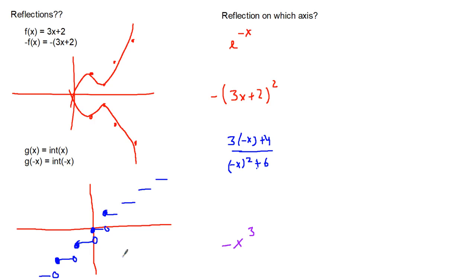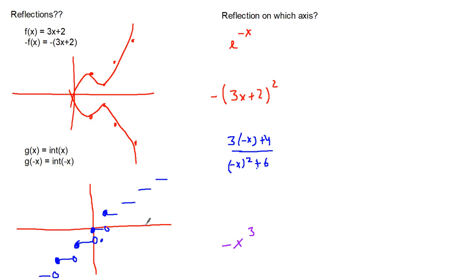If we put negative 0 in, nothing's going to happen. If we put negative 0.5 in, what's the greatest integer of negative 0.5? It's negative 1. If we put, let's say, negative 3.2, what's the greatest integer?